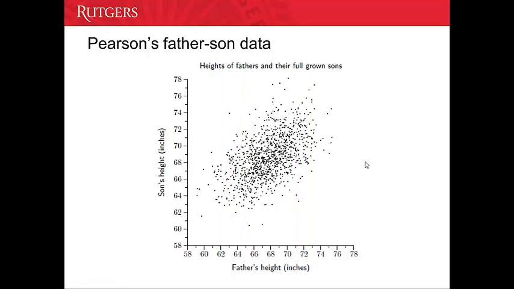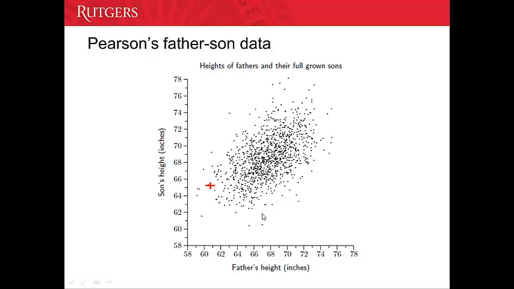So in order to look at the relationship, we can calculate the average height of the sons based on the father's height. We first take a father's height of 61 and get the average height of the son, which is around 65.5.